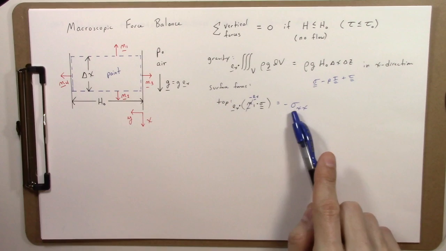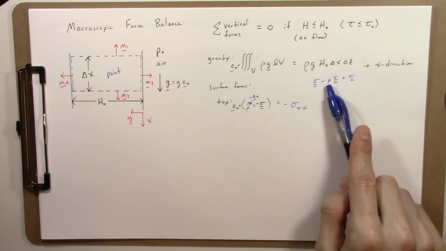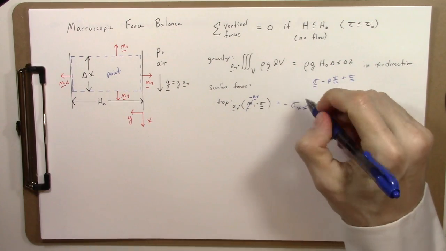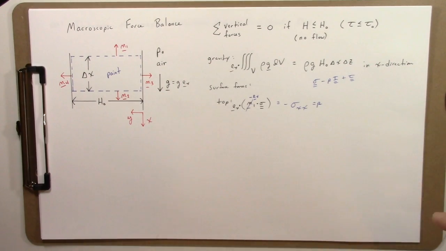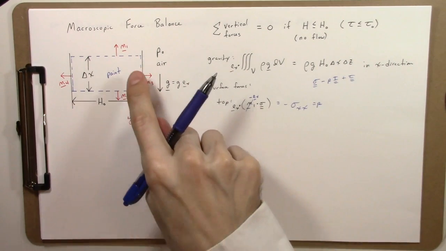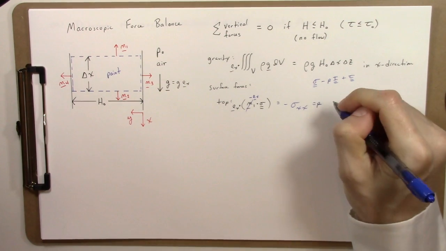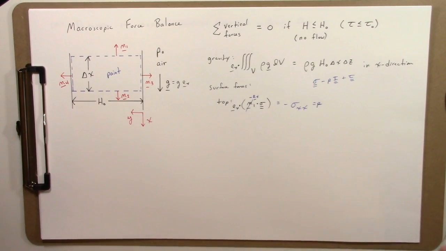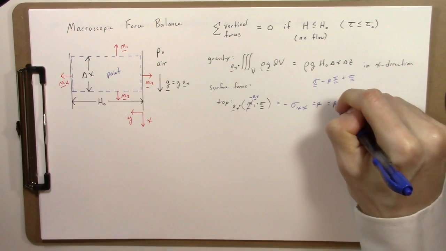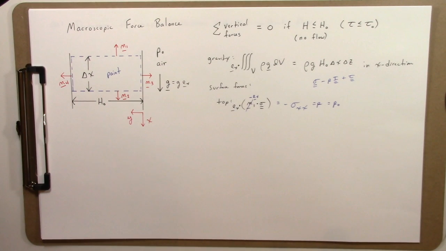So there's no contribution to the xx part. The only part here would be pressure. The minus sign gives us a plus p, equals p. And the pressure in the top surface, or anywhere in this fluid, we'll see is simply the air pressure. We'll show that momentarily. For now, we'll just assume that's true. So the pressure is uniform at p₀ throughout the film.